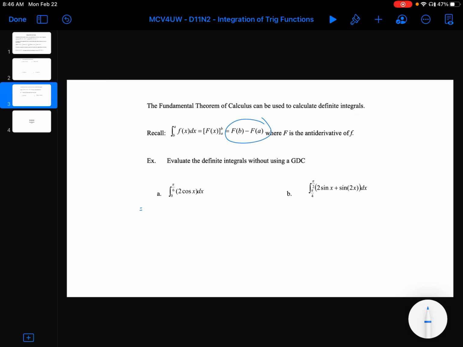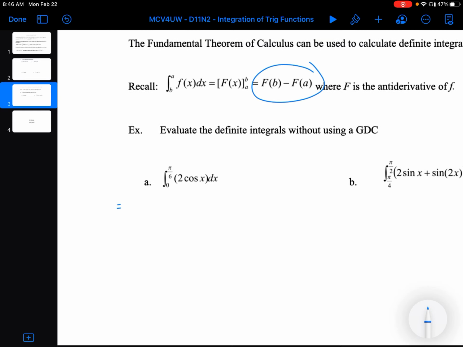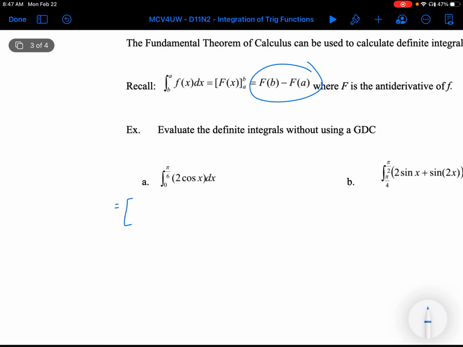So first thing we want to do is integrate. So we're going to get, this is equal to 2 sine x plus c. And then we're going to do pi by 6 minus 0.